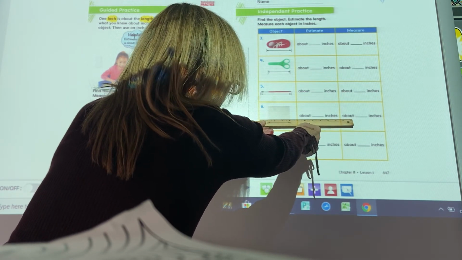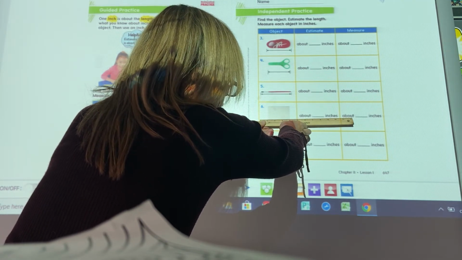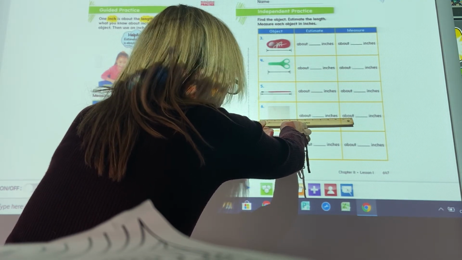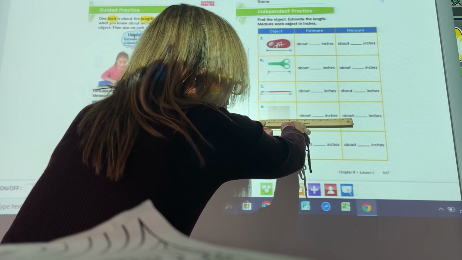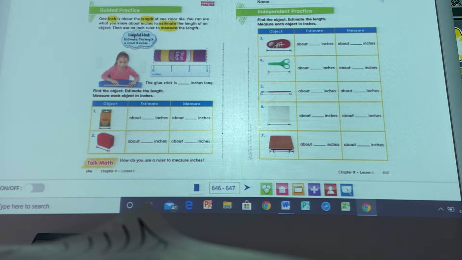Okay, now we didn't get to halves yet. But if you look closely, you're going to see that it's just a little bit closer to 11 inches. But hopefully your parents are going to find items for you that are nice and easy to measure, especially when you're just getting started. Okay?